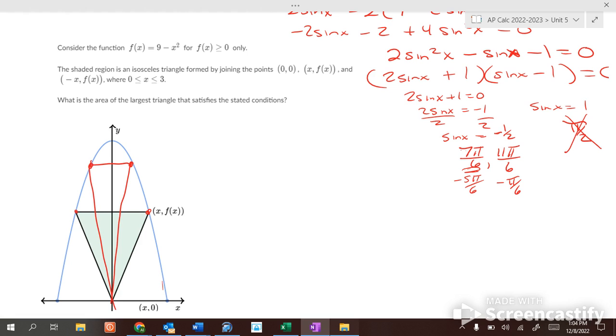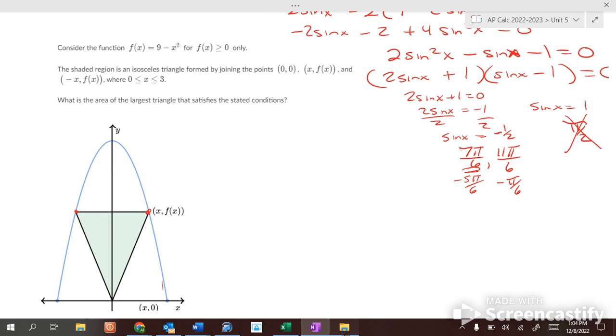Where this is x and this is f of x. So we want to know which triangle would have the largest area. This skinny little one, or this one, or a really fat one that looks like this.